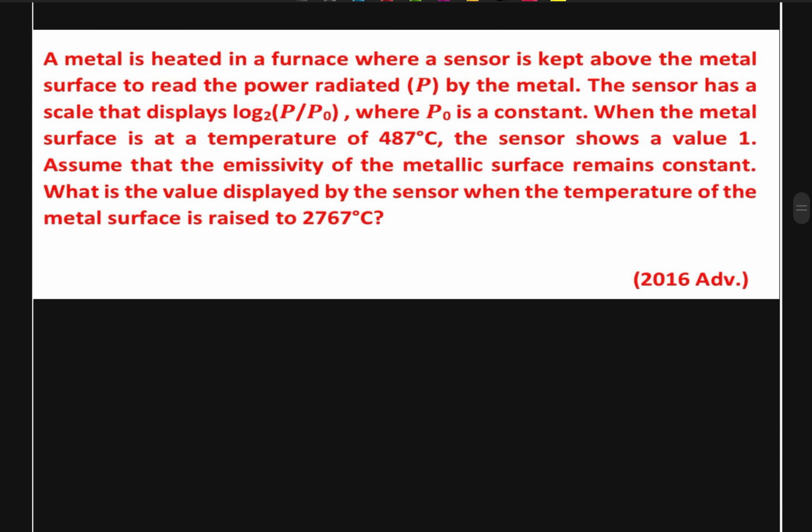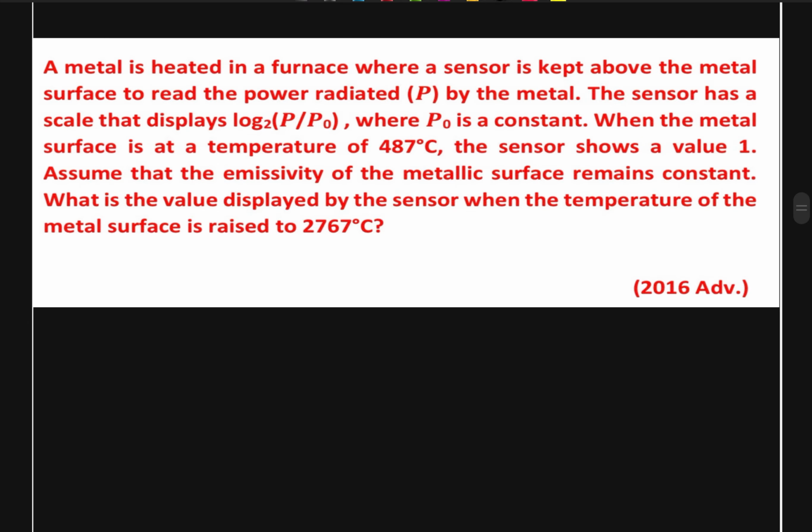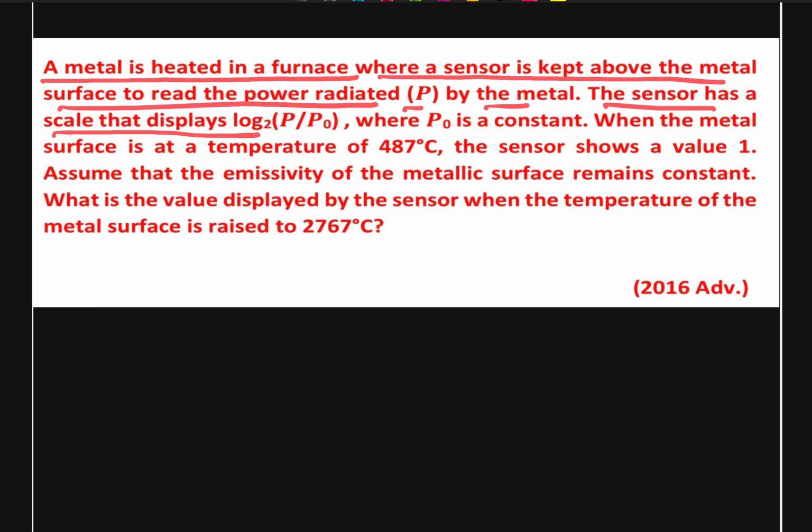it states that a metal is heated in a furnace where a sensor is kept above the metal surface to read the power radiated P by the metal. The sensor has a scale that displays log to the base 2 of P upon P naught, where P naught is a constant.